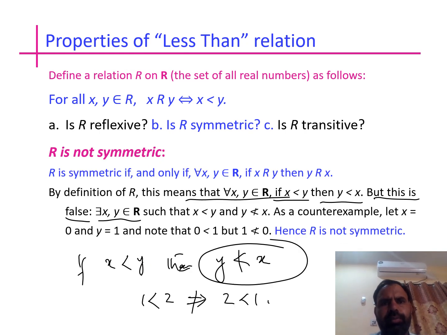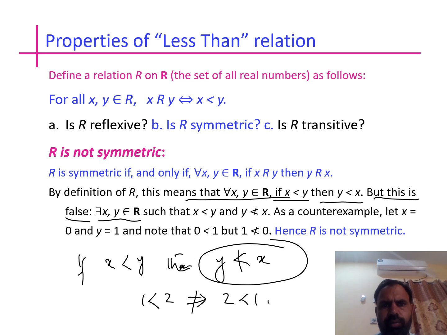If we define a relation R on the set of real numbers as follows: for all x, y belonging to R, x is related to y if and only if x is less than y. Is R reflexive, symmetric, or transitive? R is not symmetric. It is symmetric if and only if for all x, y belonging to R, if x R y, then y R x.